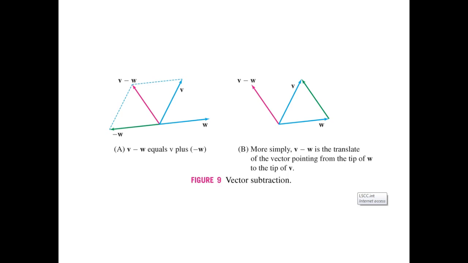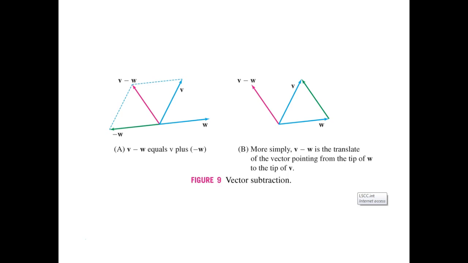Well, if you remember the rules for signed numbers when you're subtracting, like -7 minus a -3, what you do is change the minus to a plus and change the sign of the second one. That's what you do here too. This would be equivalent to v plus the opposite of w.